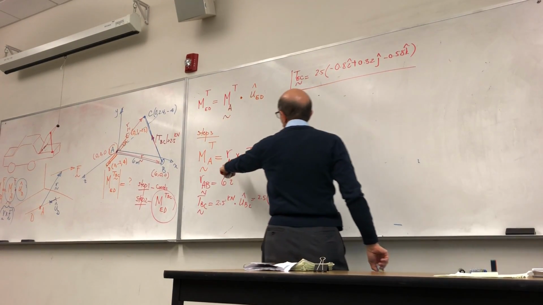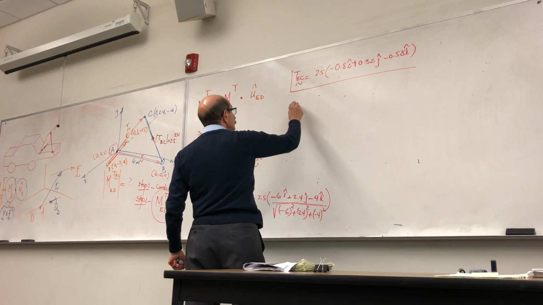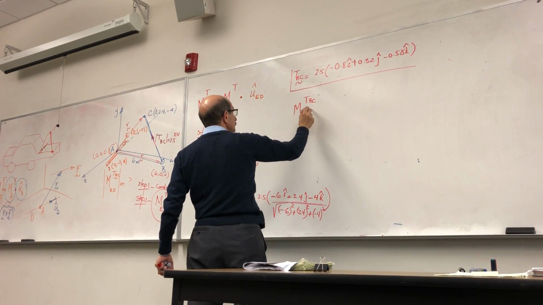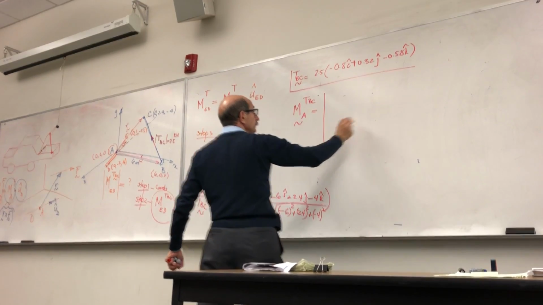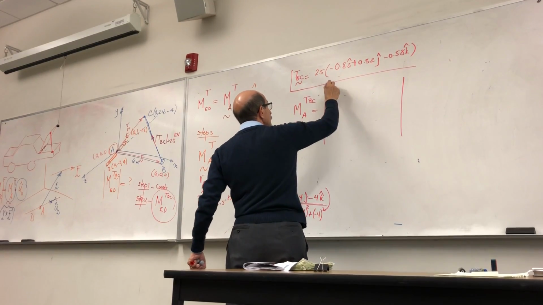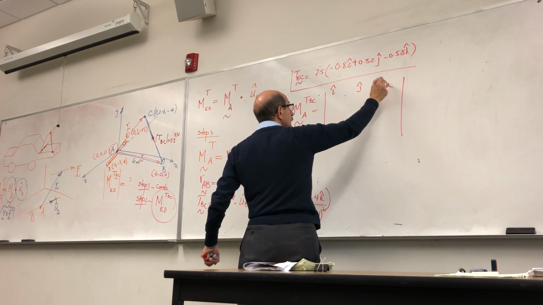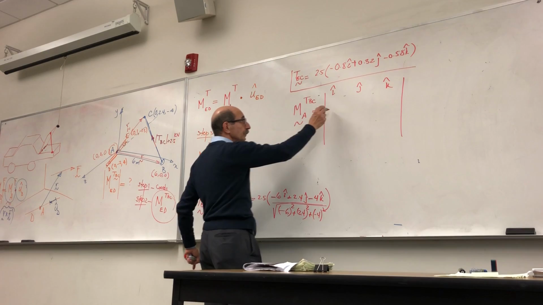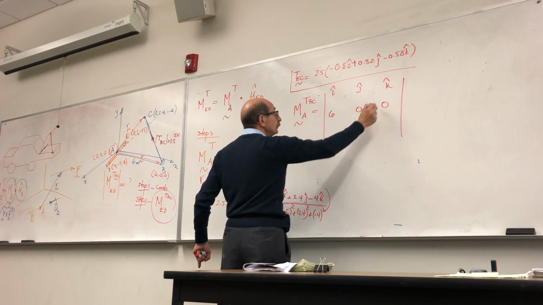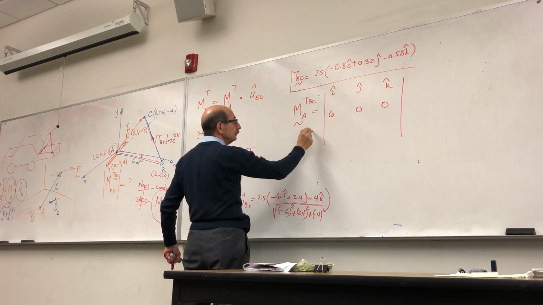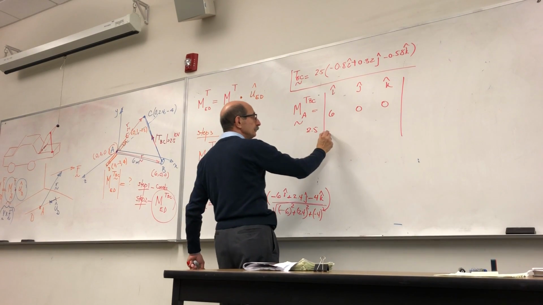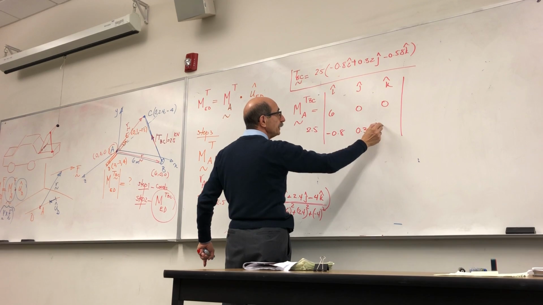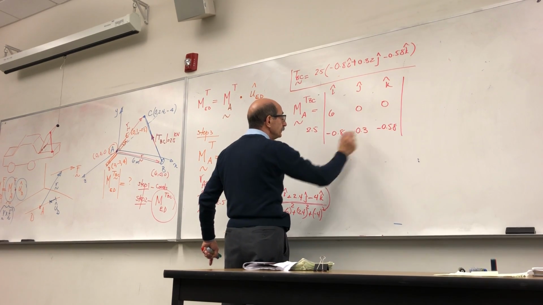So to find now the moment of this force BC about A, that would be simply this determinant. I, J, K. Second row is the position vector, so 6, 0, 0. Third row is that, 2.5 times negative 0.8, 0.32, negative 0.58.